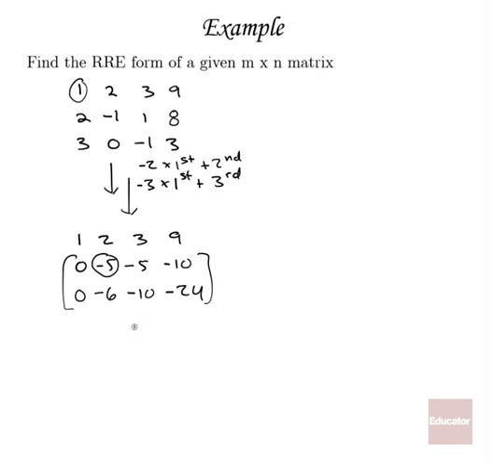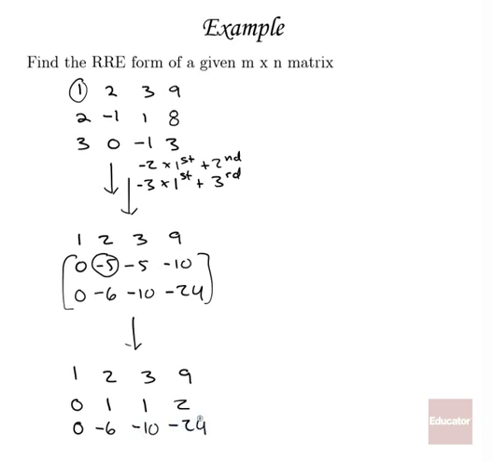So we have 1, 2, 3, 9. We have 0, 1, negative 5 divided by negative 5 is 1, negative 5 divided by negative 5 is 1, negative 10 divided by negative 5 is 2, and we have 0, negative 6, negative 10, negative 24.